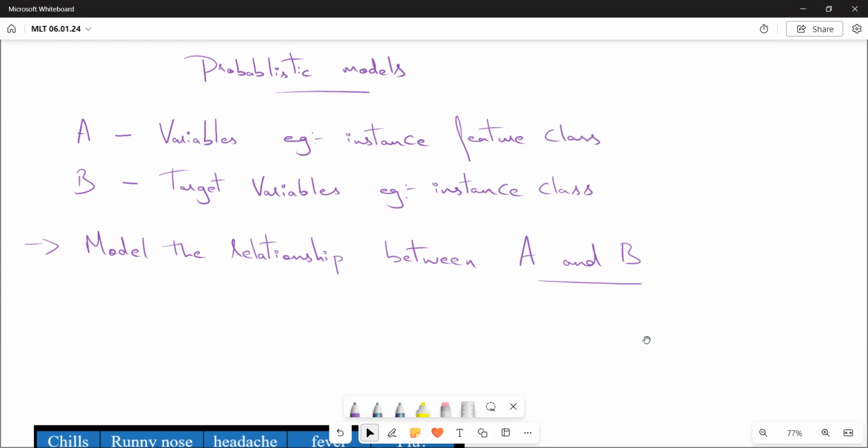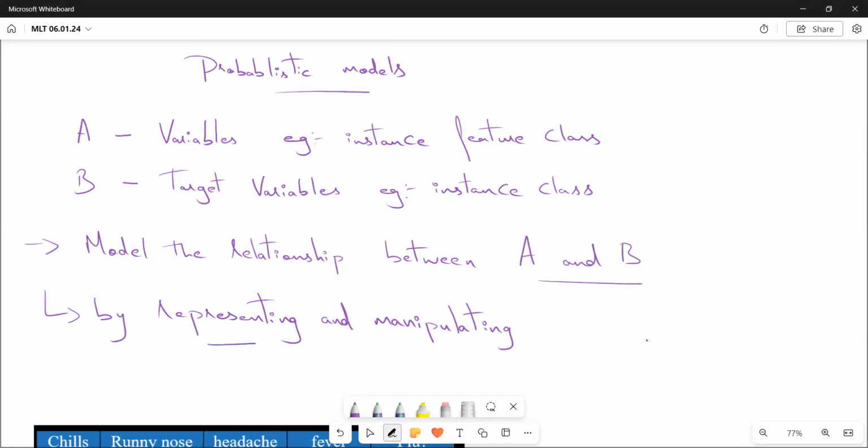We are going to model the relationship between A and B by representing and manipulating the level of uncertainty with respect to these variables.